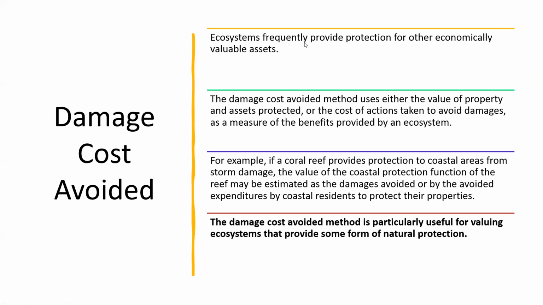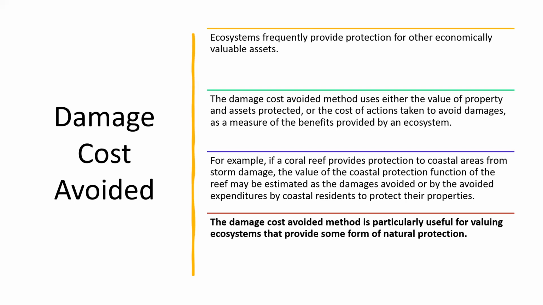So you can actually look at the damage to a system, and then the cost of that damage really gives you a proxy for the value of the service that your coral reef could have provided if it was properly functioning, right? So it's particularly useful for valuing ecosystems that provide forms of natural protection.